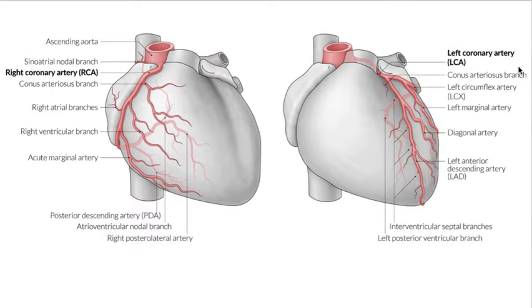Whereas the left coronary artery gives the conus arteriosus branch like the right one, forming a ring, and the left circumflex artery, which gives rise to the left marginal artery. The left coronary artery continues down as the left anterior descending artery, and the diagonal artery.